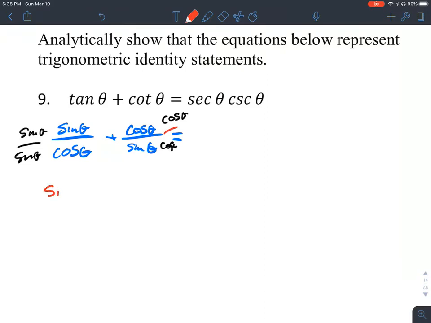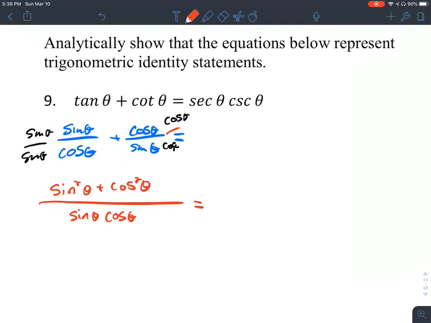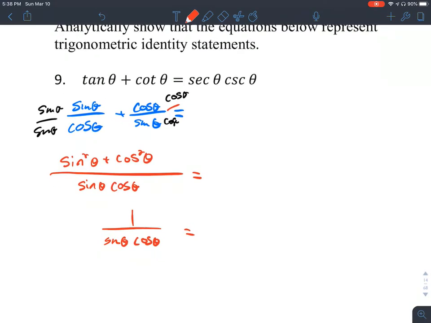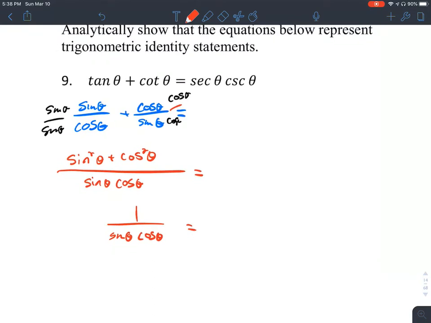So I'm going to get sine squared of theta plus cosine squared of theta, that looks familiar, over sine times cosine. Sine squared plus cosine squared is 1. At this point, I start looking at the right side. Somehow 1 over sine times cosine becomes secant times cosecant.